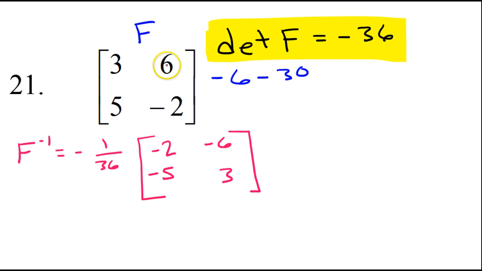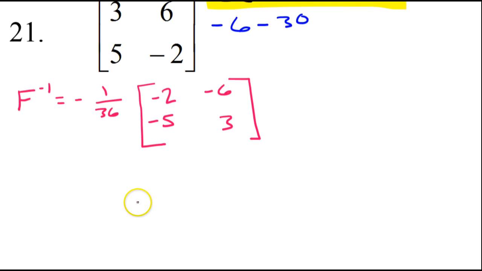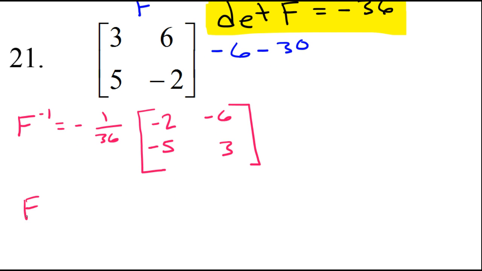If these had been negative, we would have made them positive. Okay, so that's it. So that means to find F inverse, I just need to multiply each of these elements by the scalar -1/36.